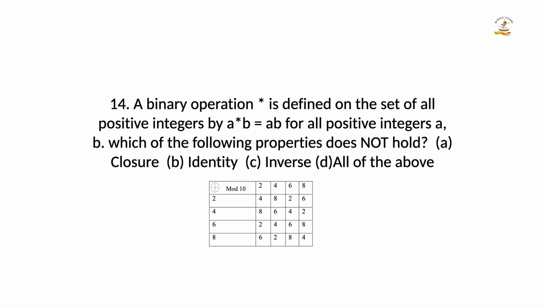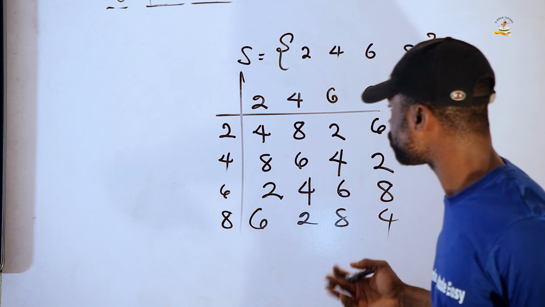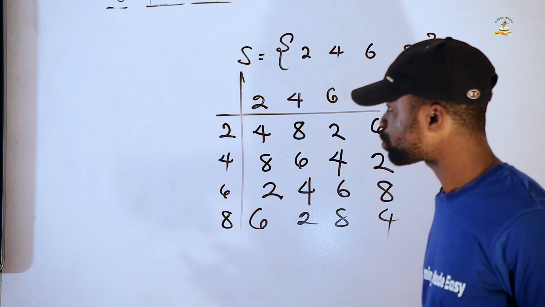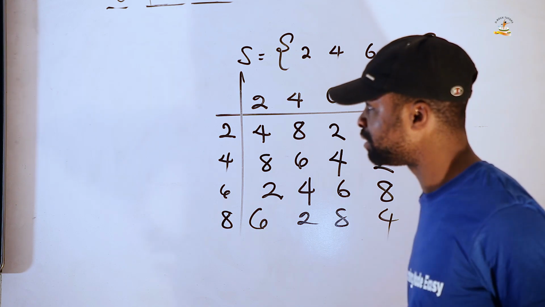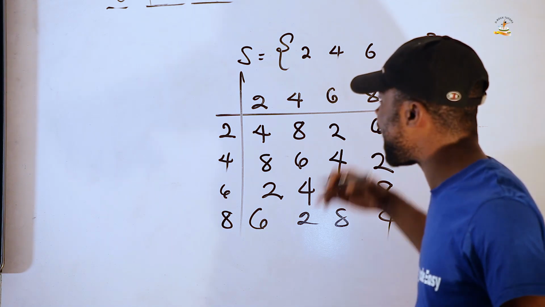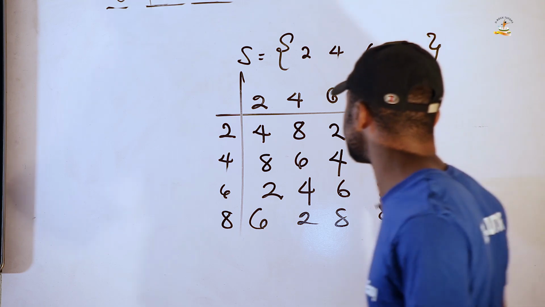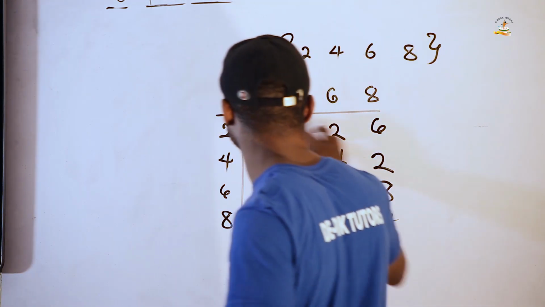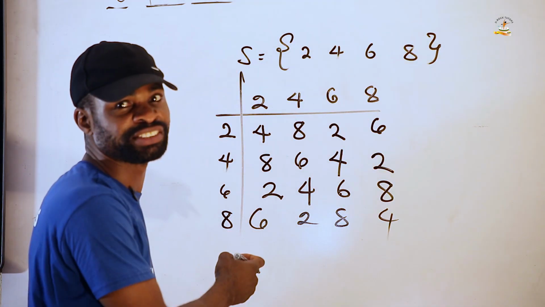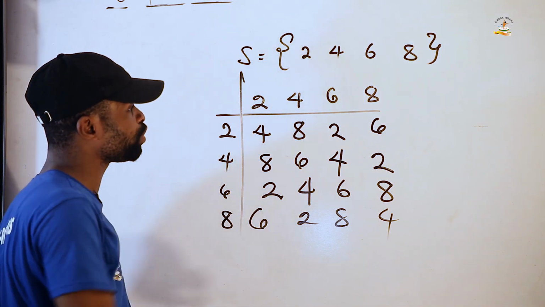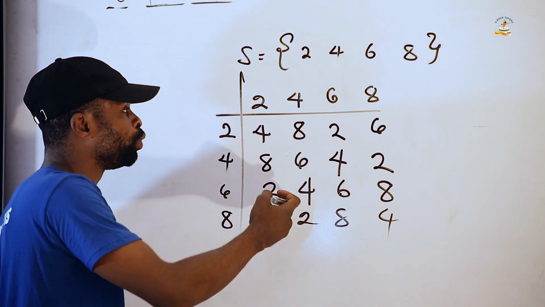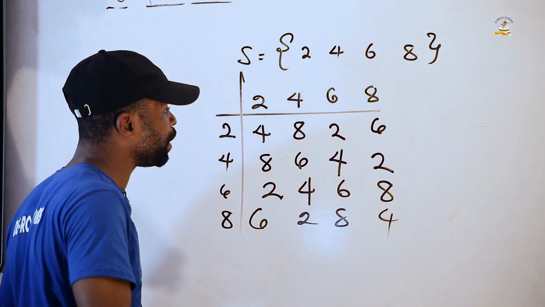Let us check for closure. What is closure? Closure has to do with a certain property such that the result obtained must still be an element of the given set. This is the product, and this is the result of the operation. This result of the operation has to do with 4, 8, 2, and 6.